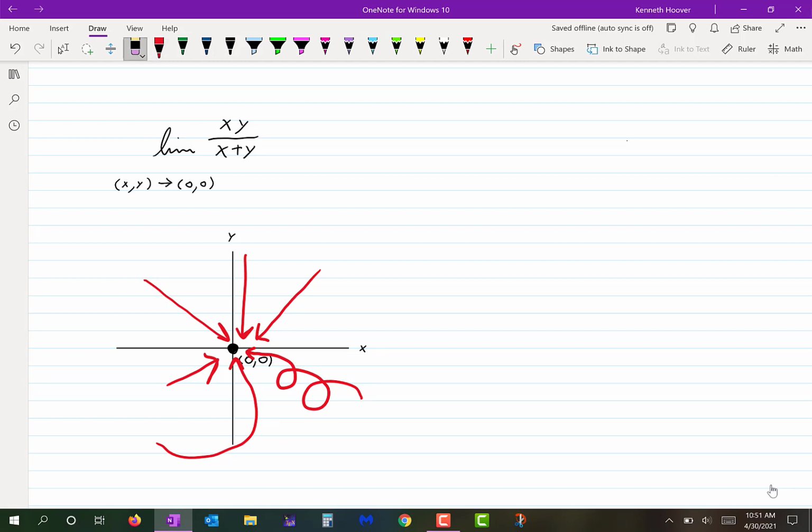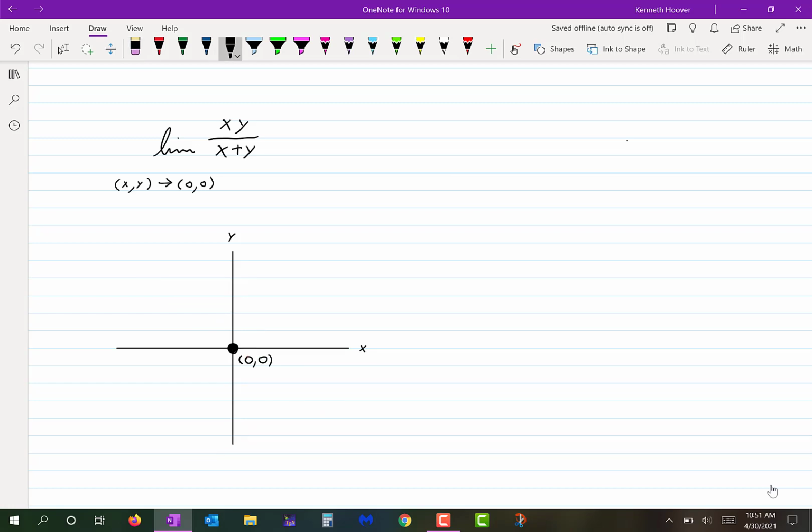But I might ask you something like this. Find the limit of that function as xy approaches the origin along the y-axis. So that means I'm telling you to find that limit if you approach the origin from this direction, or technically this direction.